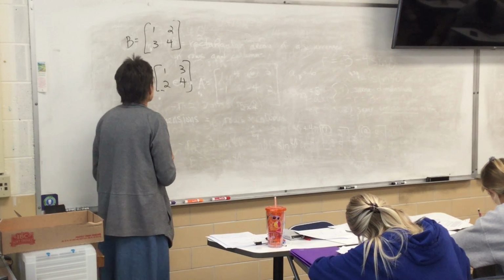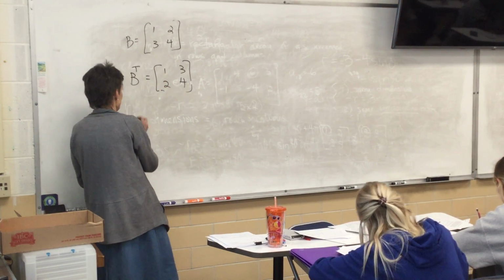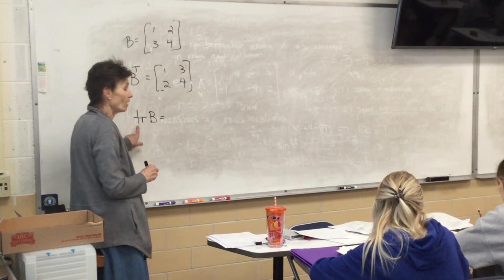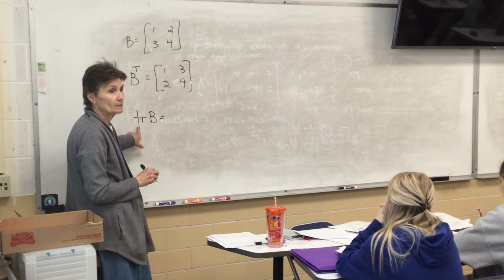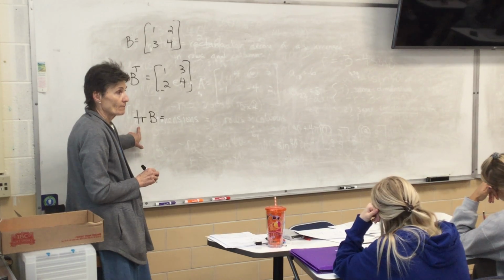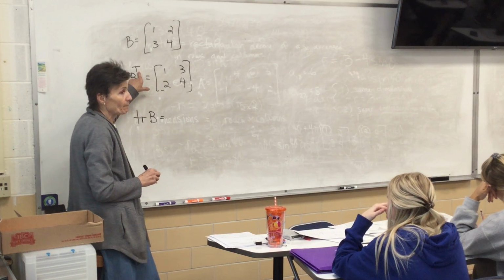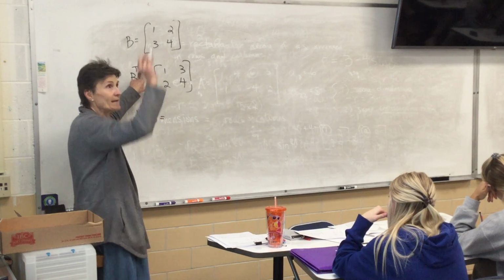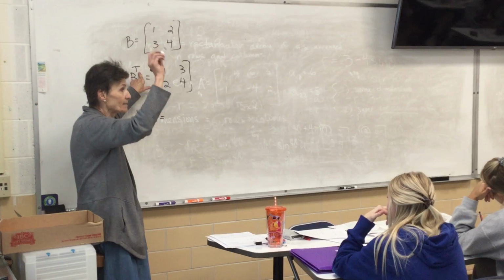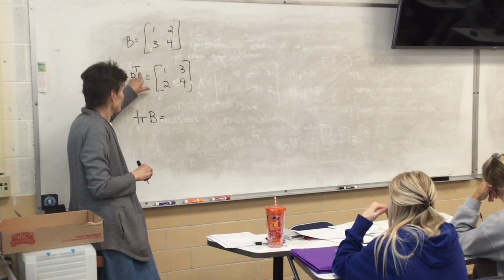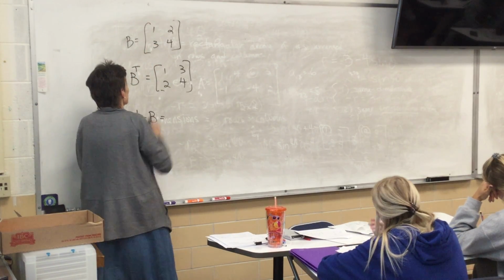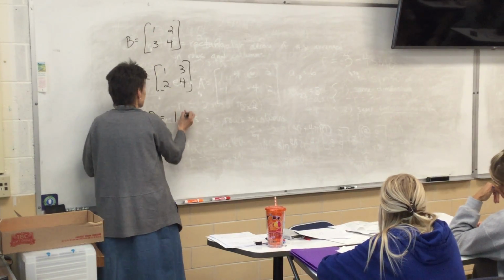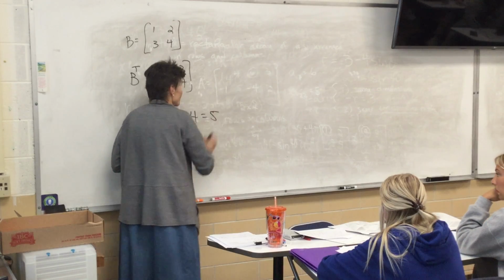And then the trace. The trace of a matrix would be identified like this, as a TR out in front of it. By the way, I always use a capital letter when I do my transpose, but that can be a lowercase t also. Any T that's written up above like that means transpose. The trace for this matrix, I'm doing matrix B, the trace is 5.